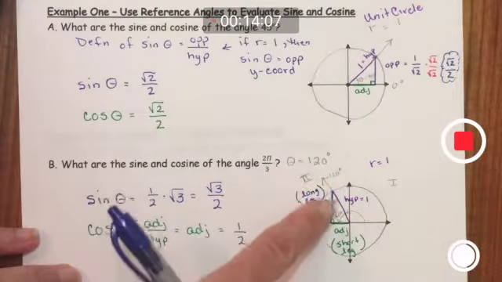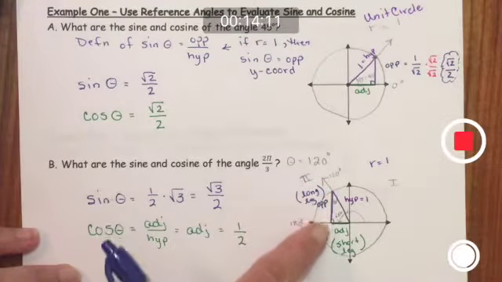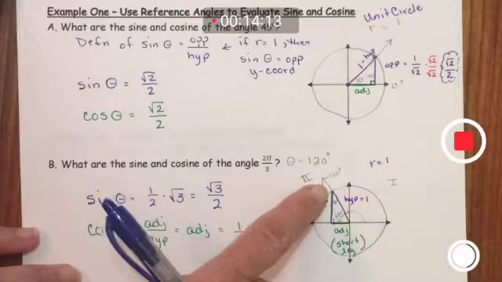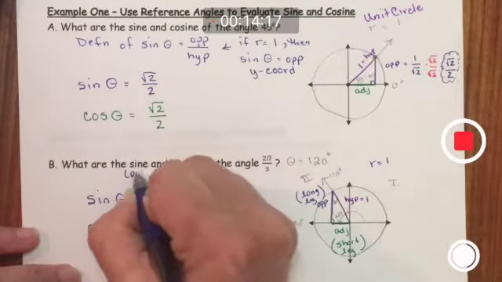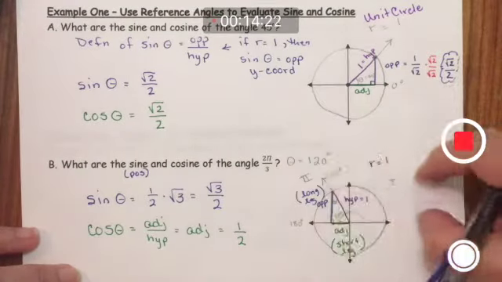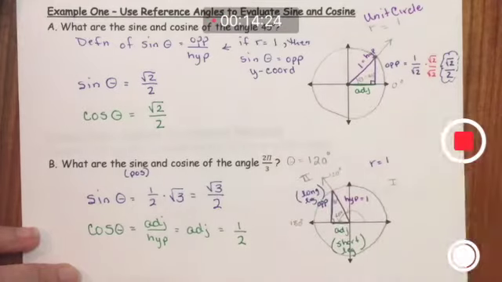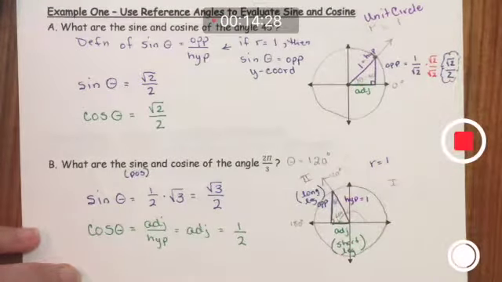Notice that my y-coordinates, my vertical distances, are in the positive direction. So this sine is going to be positive because it's in quadrant 2, it's in the top half of my graph where all of my y-coordinates or vertical coordinates are going to be positive.